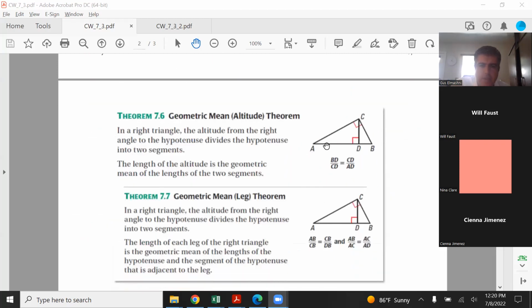If you call this C, and I call this H, and I call this A and this B, the quick and easy way is that H times C equals A times B.